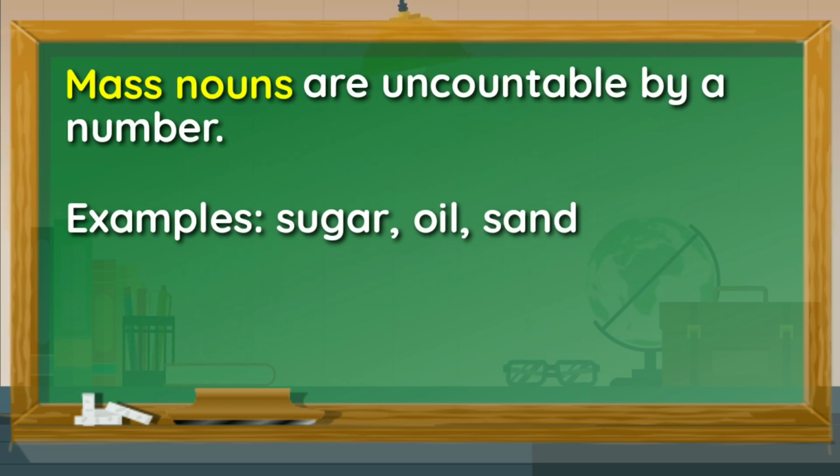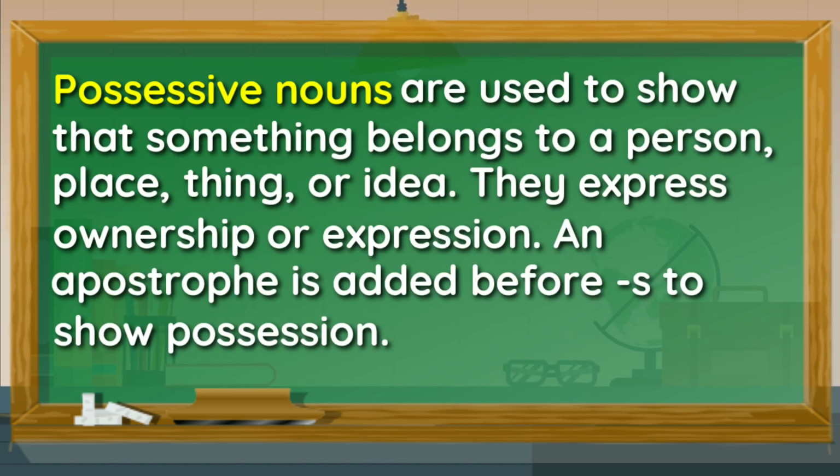Mass nouns are uncountable by a number. Examples: sugar, oil, sand. Possessive nouns are used to show that something belongs to a person, place, thing, or idea. They express ownership or expression. An apostrophe is added before S to show possession.